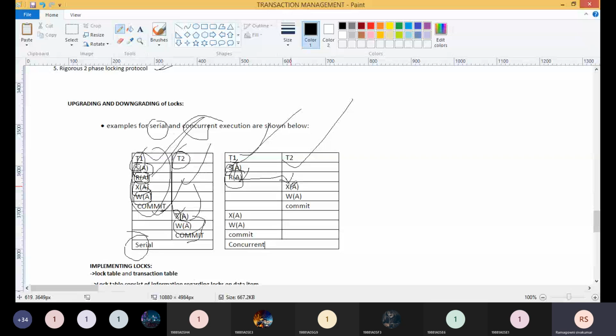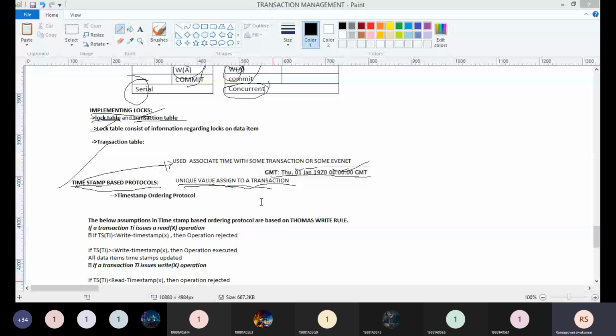Let us discuss the protocol here. The most commonly used concurrency protocol is the timestamp based protocol. This protocol uses either system time or a logical counter as a timestamp. It starts working as soon as the transaction is created.